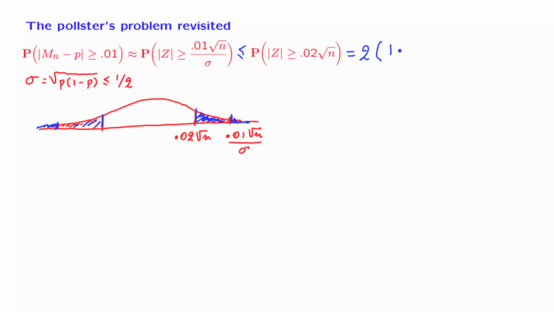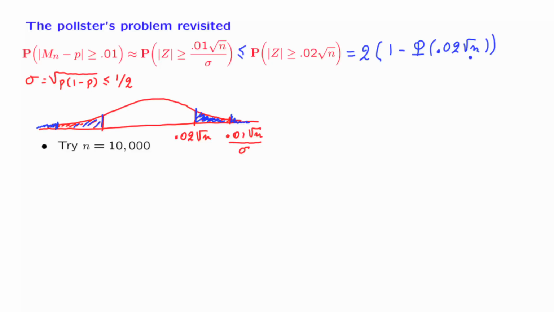So it's 1 minus the standard normal CDF evaluated at 0.2 square root n. And so we do have now an expression for the desired probability, or at least a bound for it, which is expressed in terms of the standard normal CDF. If somebody gives you a value of n, you can plug in here.